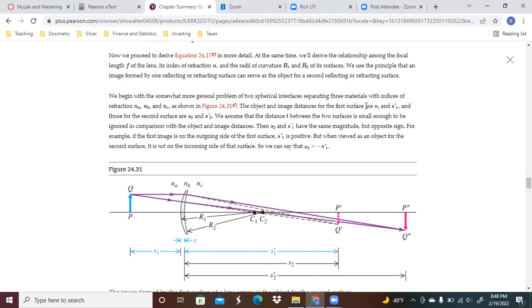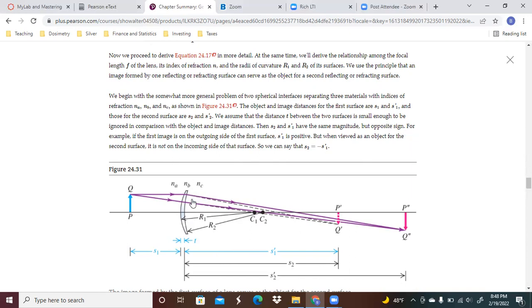And the object and image distances for the first surface are S1, S1 prime, and for those on the second surface are S2 and S2 prime. We're going to assume that the distance between the two surfaces is small enough to be ignored in comparison with the object and image distances. So S2 and S1 prime have the same magnitude, but opposite sign.